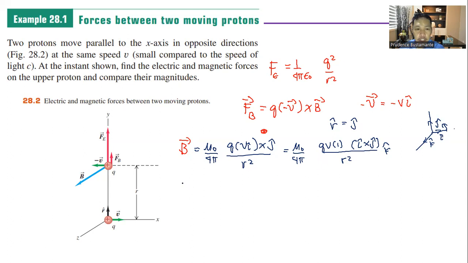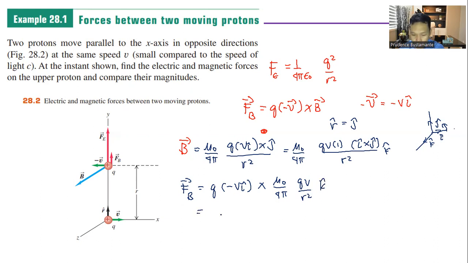Now you can find the force, which is Q times negative V i hat cross B, which is mu naught over 4 pi times QV over R squared k hat.